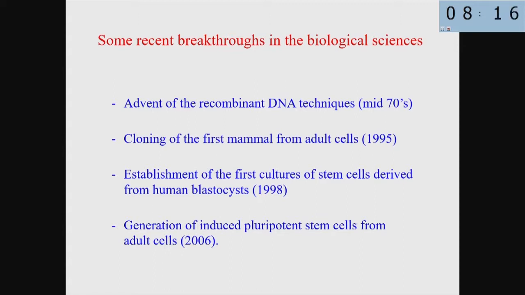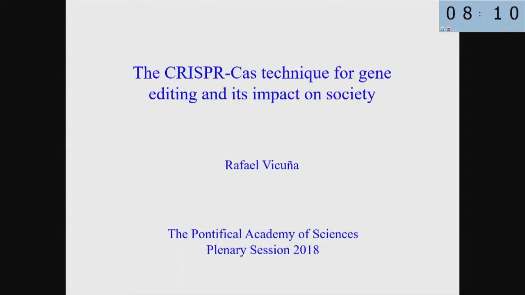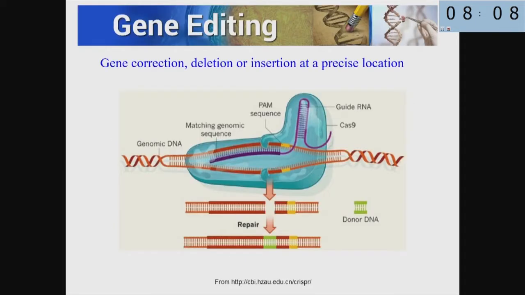In particular, the CRISPR-Cas9 system offers a simple procedure for introducing various modifications at target loci in all kinds of living cells.